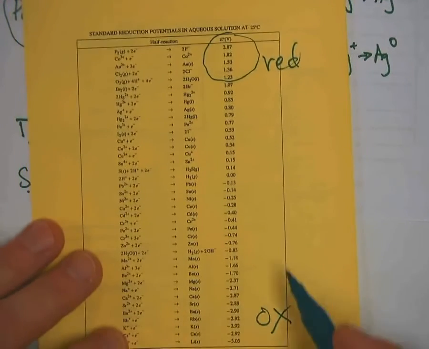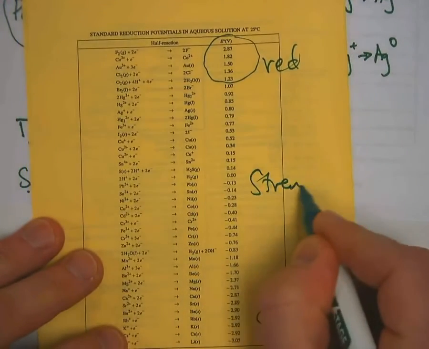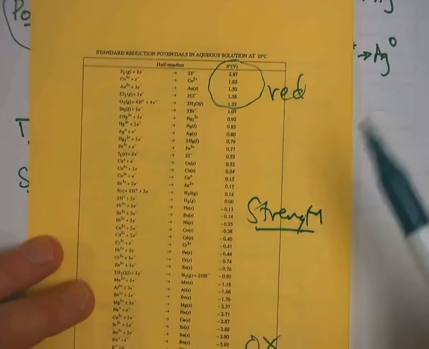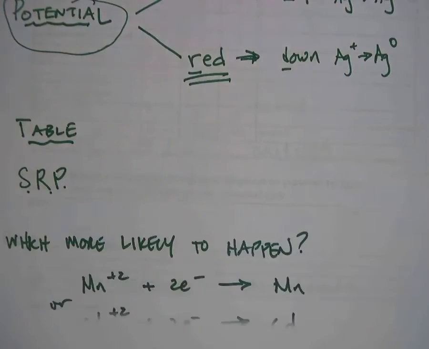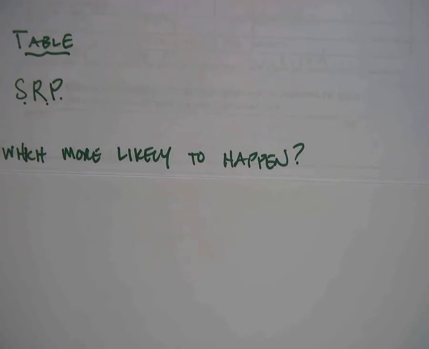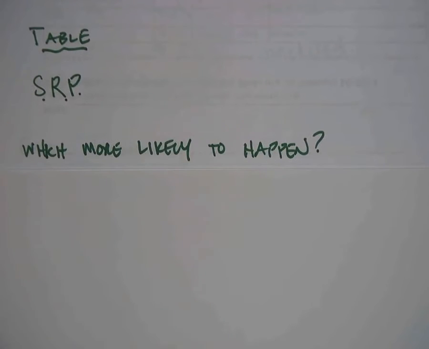We can actually talk in terms of strength, or the ability to become reduced or the ability to become oxidized, and there are some fancy terms we use to describe this that we'll discuss in just a second. These standard reduction potential tables can tell us which is more likely to happen.